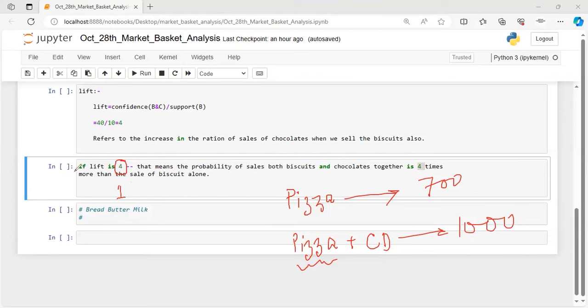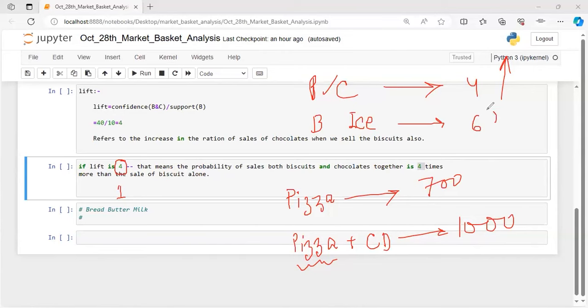So in simple terms, if the lift value is more, you can make these two product combination strong. If the lift value is high, this combination will be better. Take another example: biscuit and chocolate is 4, biscuit and ice cream is 6.